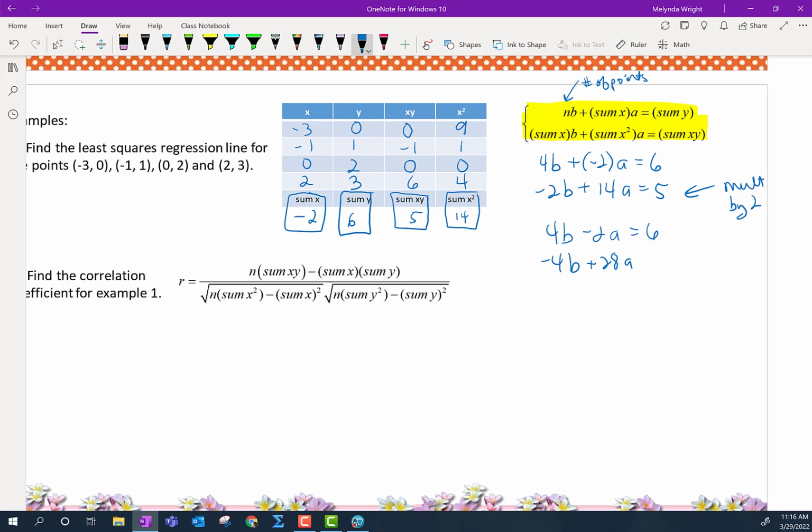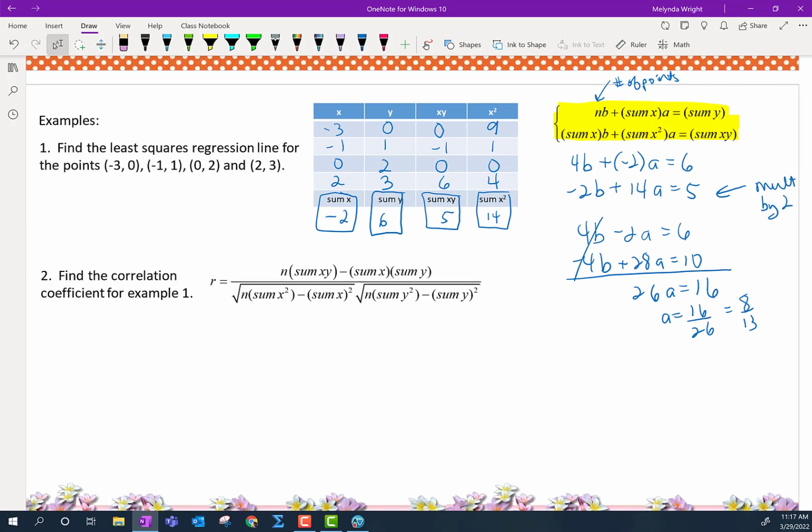And 2 times 5 is 10. Okay, so we add those together. That goes away. That gives us, what, 26a equals 16. So a is 16 over 26, or reduced, 8/13. Okay, great. That's what a is.